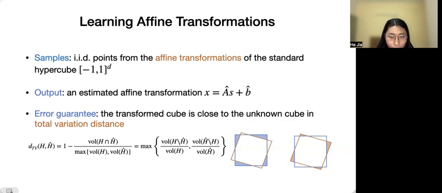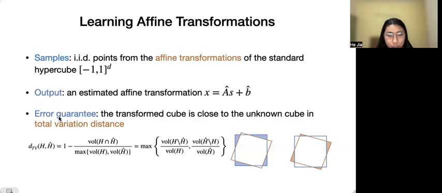So the algorithm can only see the transformed points. In the formula we just saw, that means we can only see x, not the original sample, small s. Our goal is to recover this capital A and small b. We output the estimated affine transformation, in this form: hat A times s plus hat b.